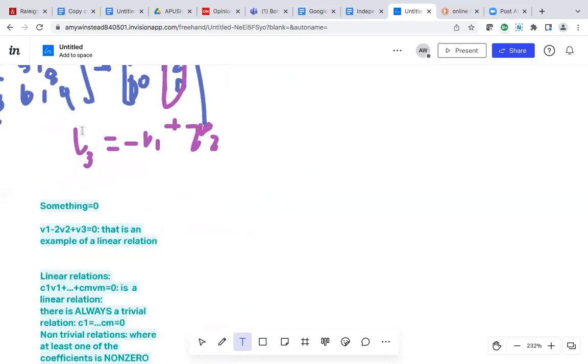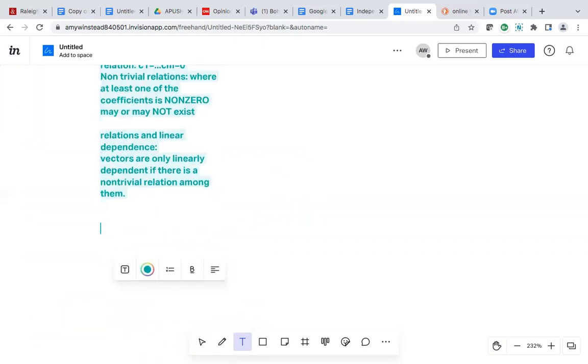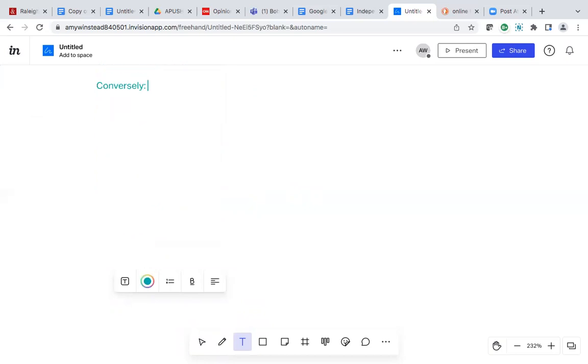You can take something that is in the form of this and turn it into this, and that becomes a non-trivial relation. There's also a converse way of writing this. So conversely to that fact, if we've got a non-trivial relation, then we can end up solving for Vi and then expressing Vi as a linear combination of the preceding vectors.